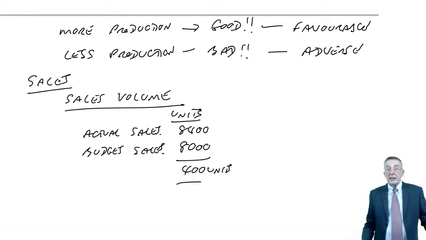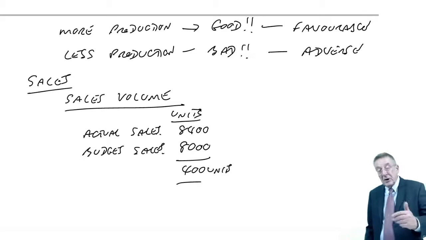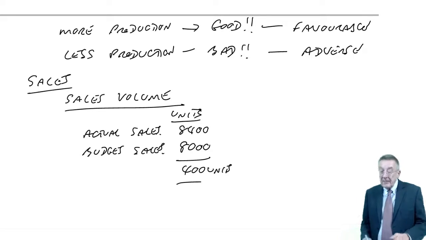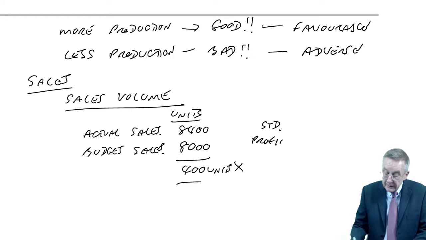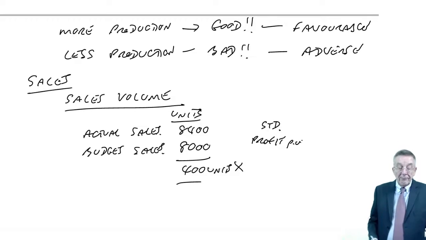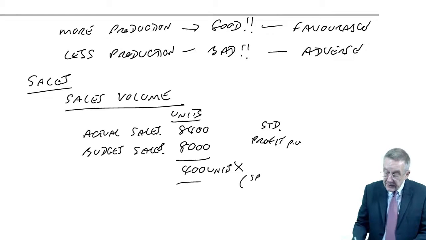And if everything else went perfectly, if we sold at the right price and if all the costs were right, that would increase the profit by the standard profit per unit. And what is the standard profit per unit? Remember, the standard selling price is 75.